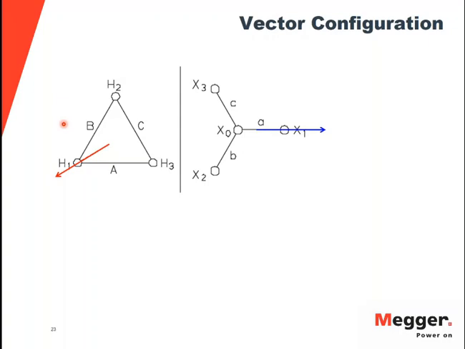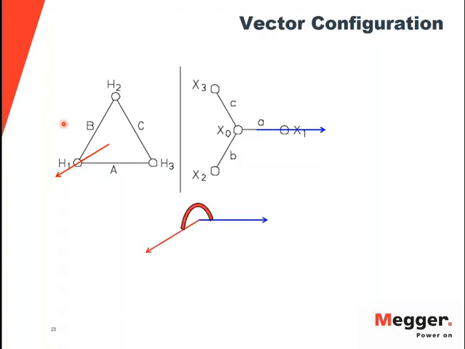So remember, this is a Dyn transformer. And so when you see something, the D will be a capital D, meaning it's a delta on the primary side. And then it will be a lowercase y, meaning that it's a wye on the secondary side. And then it'll also have a lowercase n, meaning there's an accessible neutral.